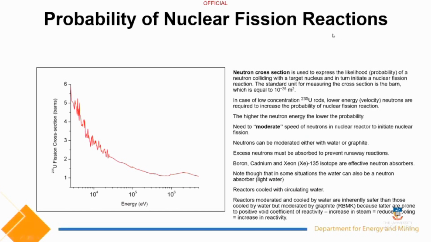And so that means the cross-sectional area is very small. So you need to slow down those neutrons to a level where they will initiate a nuclear reaction.